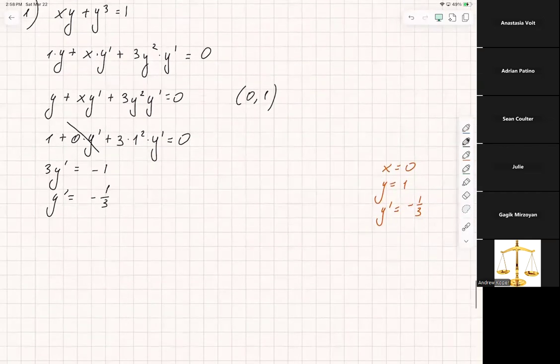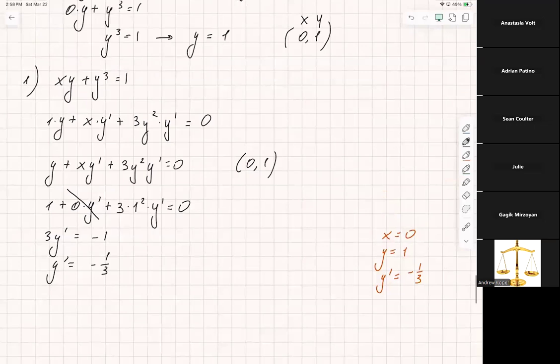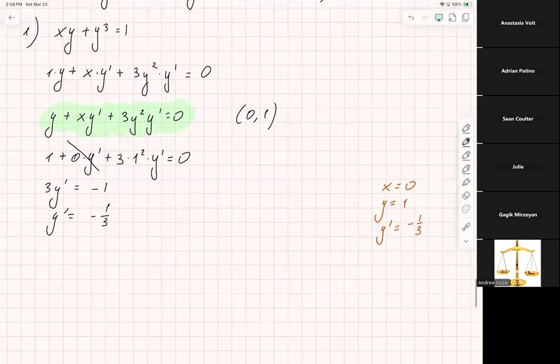Okay, so we found the expression for the first derivative, right? Now for the second derivative, we use this expression and just implicitly differentiate again.